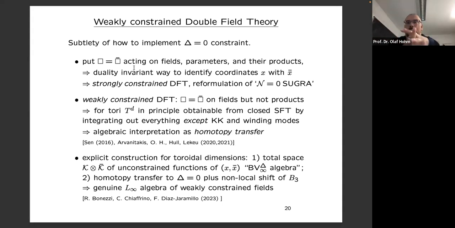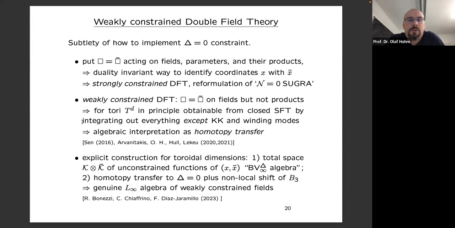And it turns out that N equals 0 supergravity is most efficiently formulated in this factorized form with double coordinates. But then eventually you have to identify the coordinates, which is strongly constrained DFT. But you only use it in the form of this constraint. So in that sense, it's a reformulation of N equals 0 supergravity. So that's what I did so far.